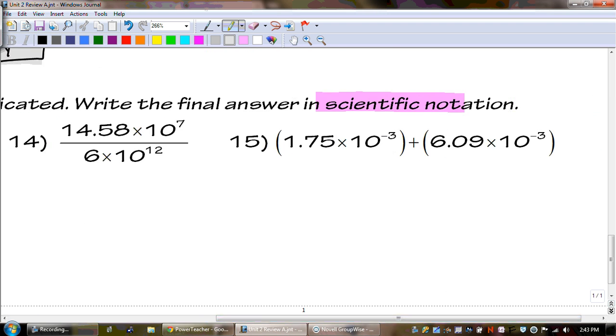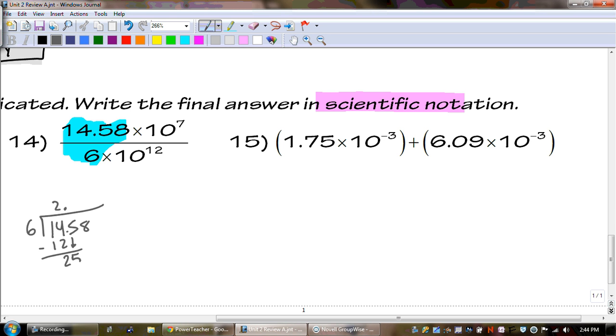All right, number 14. So the first thing we have to do with 14 is to divide. Okay, so we have 14.58 divided by 6. I'm going to bring my decimal up right away. 6 goes into 14 2 times, which is 12. 4 minus 2 is 2.